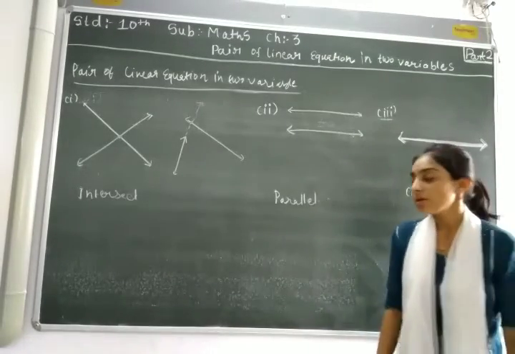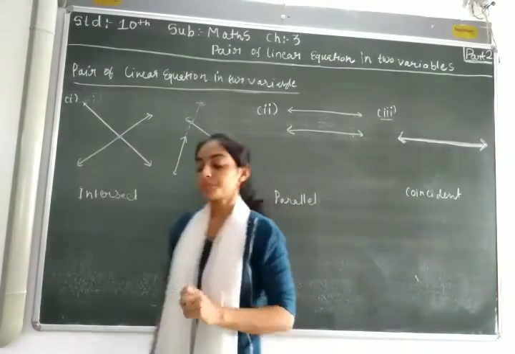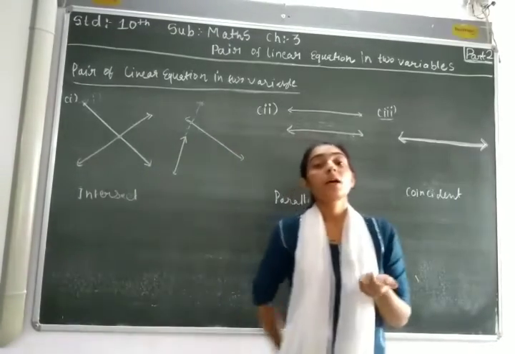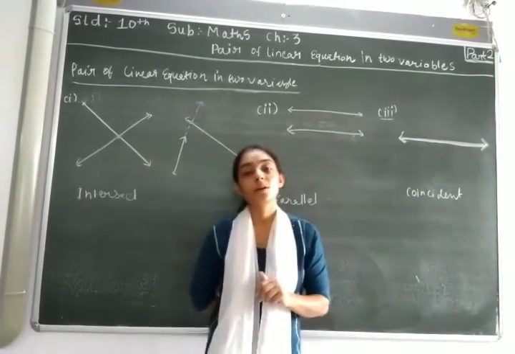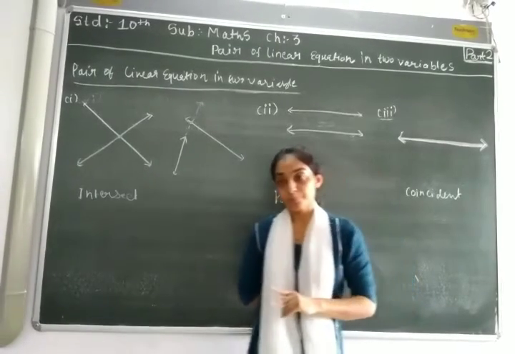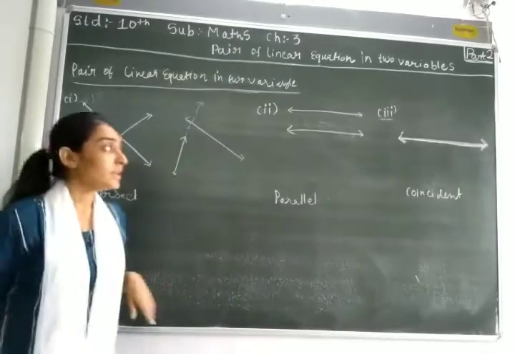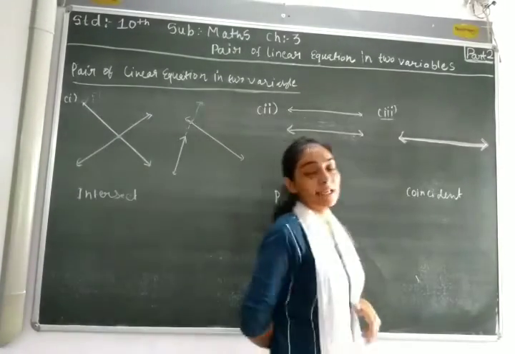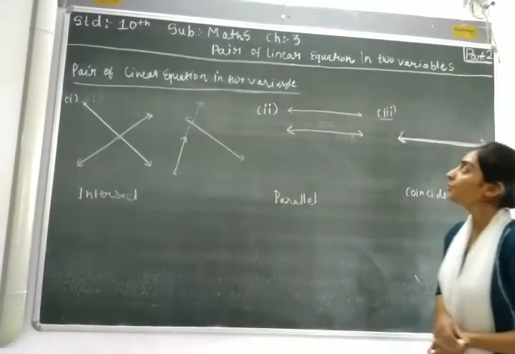In the previous video, we learned about the solution of a linear equation in one variable as well as in two variables. Now we move towards a pair of linear equations in two variables.